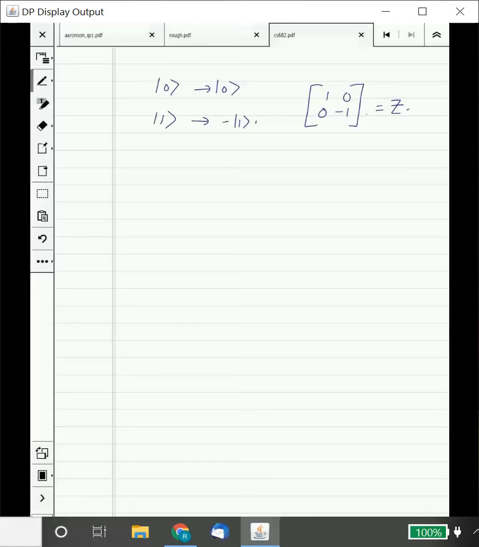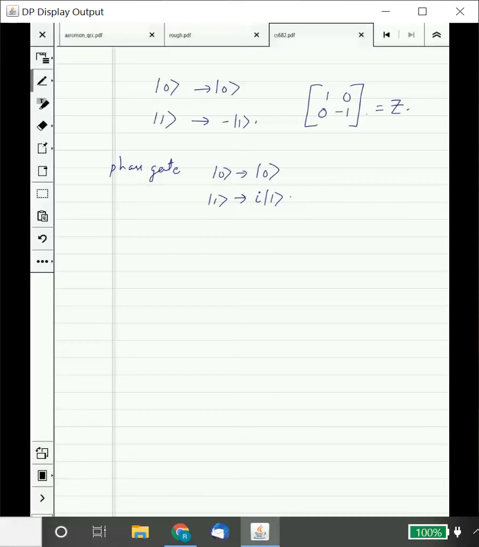Using these gates, we can introduce more new gates. For example, I can talk about a phase gate. This is very simple, very similar to Z. Instead of 0, I get again 0, but if I have 1, instead of -1, I get i times 1.